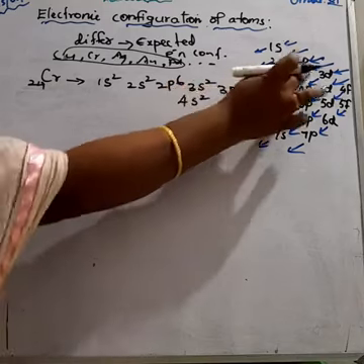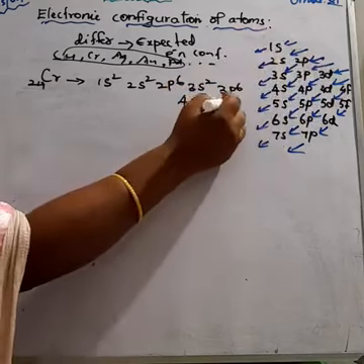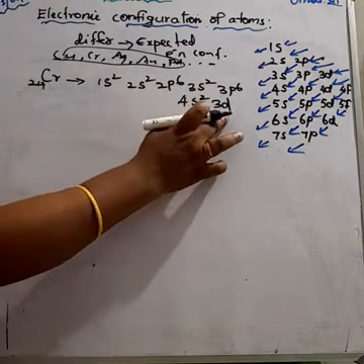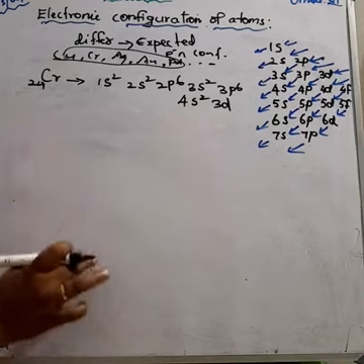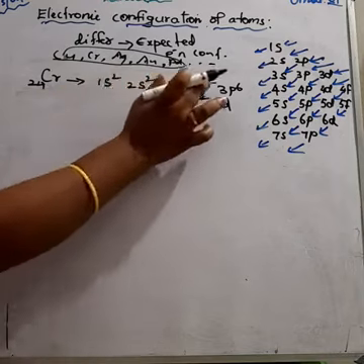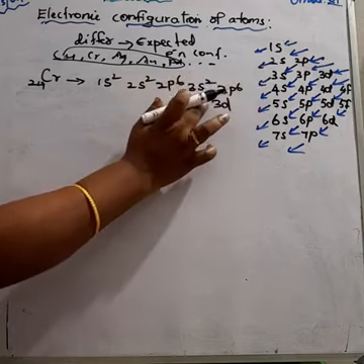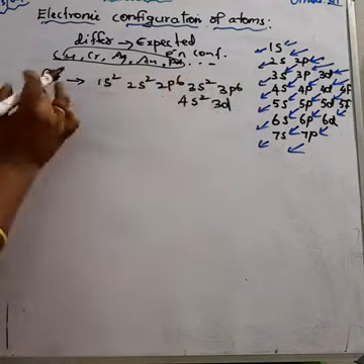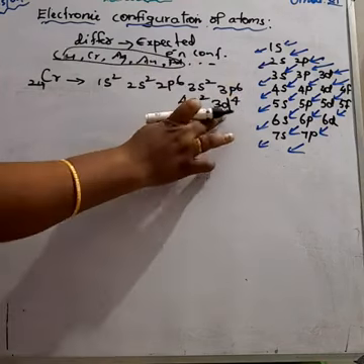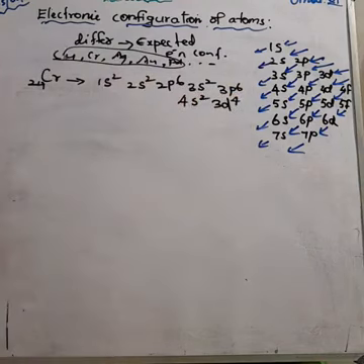After 4s2 we can write the 3d orbitals. We can fill a maximum of 10 electrons in the d orbital. Here 2 plus 2 is 4, 4 plus 6 is 10, 10 plus 2 is 12, 12 plus 6 is 18, 18 plus 2 is 20. The remaining 4 electrons we fill in the d orbital, 3d4.